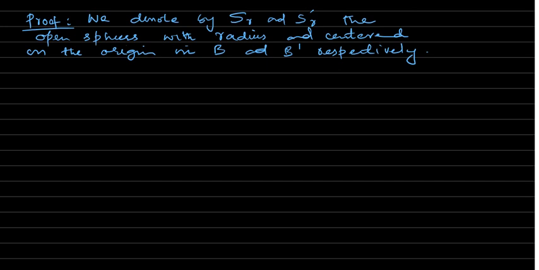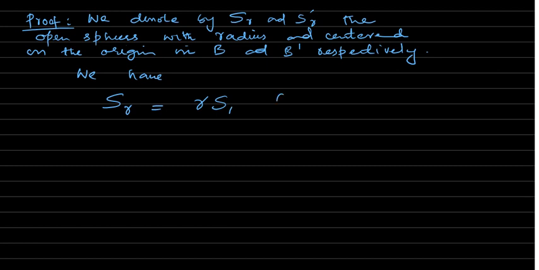So we have this SR equal to R times S1. This is simple. SR is the open sphere with center origin and radius R, and S1 is the open sphere with center origin and radius 1, but it's R times S1 actually. These two are equal.